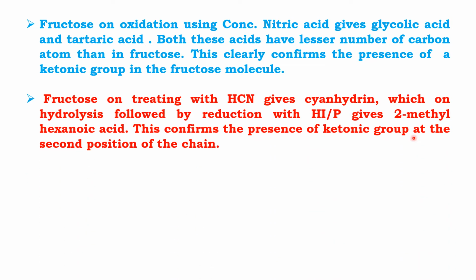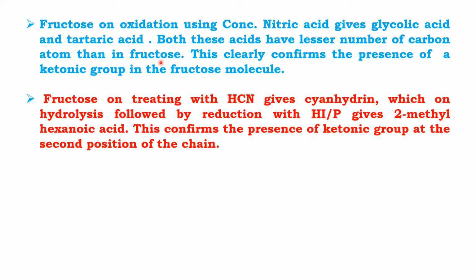Fructose on oxidation using concentrated nitric acid gives glycolic acid and tartaric acid. Both these acids have less number of carbon atoms than fructose. Tartaric acid contains 4 carbon atoms, glycolic acid contains 2 carbon atoms.